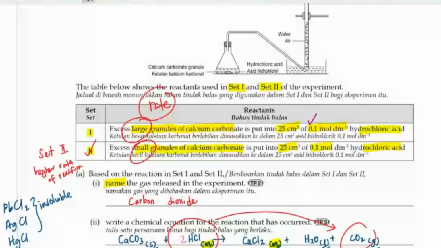Because the volume and concentration, in other words the number of moles, because we use MV over 1000, of hydrochloric acid.